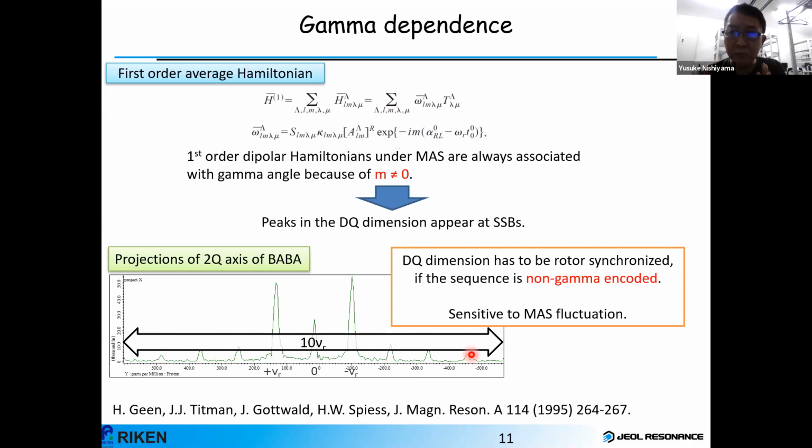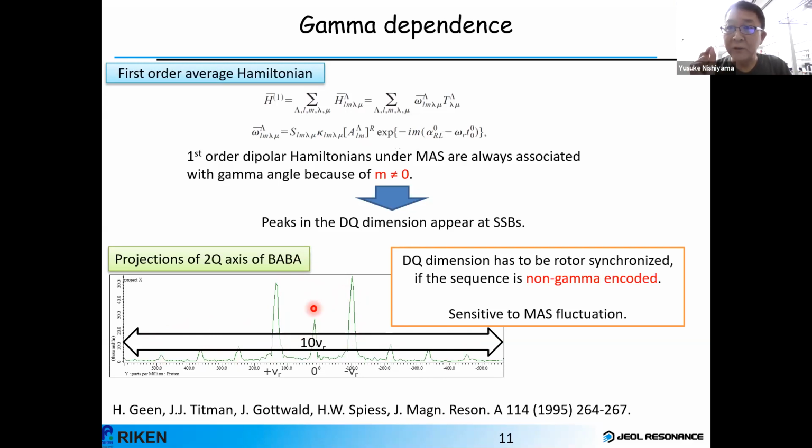Then in order to avoid this problem, we usually set the indirect dimension the same as the spinning frequency, I mean synchronous to sample spinning. We can fold all the spinning sidebands to the center band.